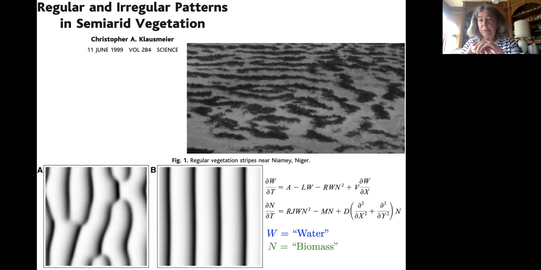And it's a super simple equation. It's got a single nonlinearity, which is meant to capture a positive feedback between the vegetation and the water resource. And it gives these patterns, and you can tune parameters easily to get it so that they're on the right kind of length scale and investigate some things.